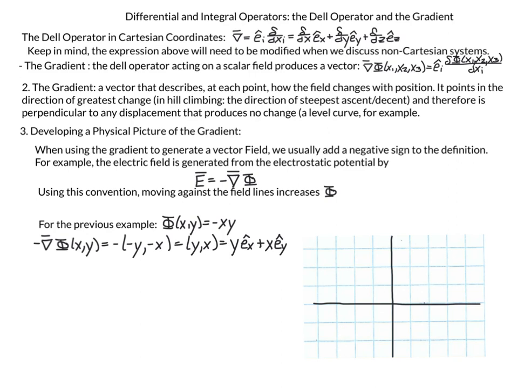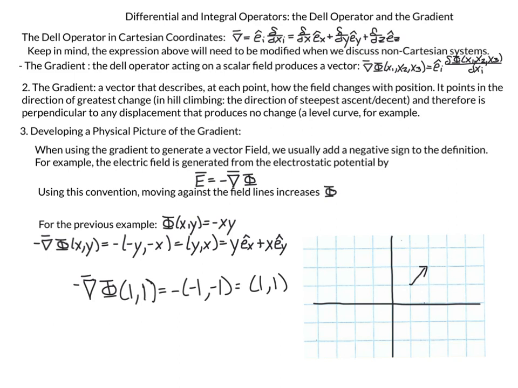For this function, my negative gradient of phi at (1, 1) would be equal to (1, 1). So that means my vector (1, 1) looks like this. And then we would translate this vector up to the point (1, 1). We would go through all the points in the xy plane and fill them with all these vectors.